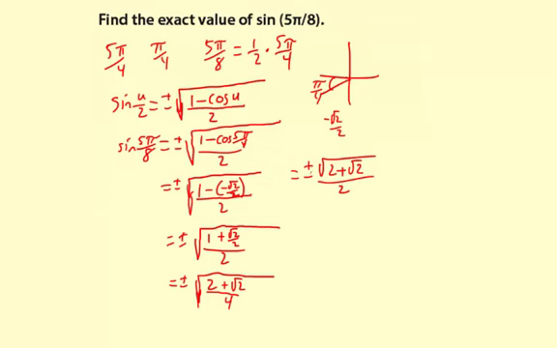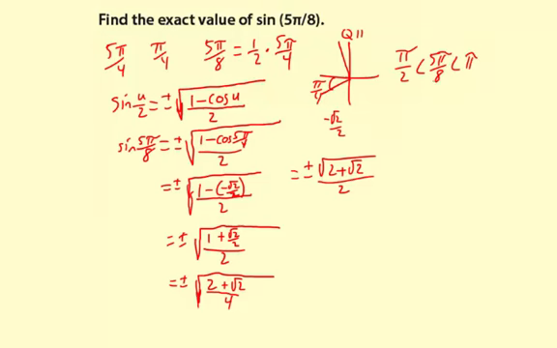Okay, now there's a plus or minus here, and the reason why is you don't know which quadrant you're going to be in initially. So the sine of 5 pi over 8, now 5 pi over 8 is going to be right here. Roughly it's going to be in quadrant 2, because pi over 2 is less than 5 pi over 8 is less than pi.